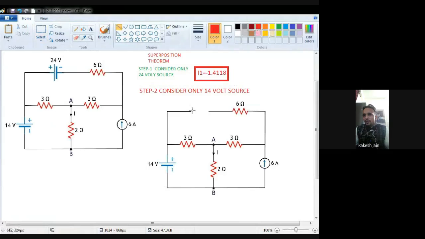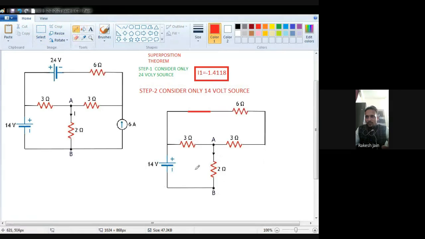So now what is my answer? 5I1 minus and minus plus 3 into 2.353. 3 multiplied by 2.353 is 7.059. So 5I1 plus 7.059 is equal to 0.